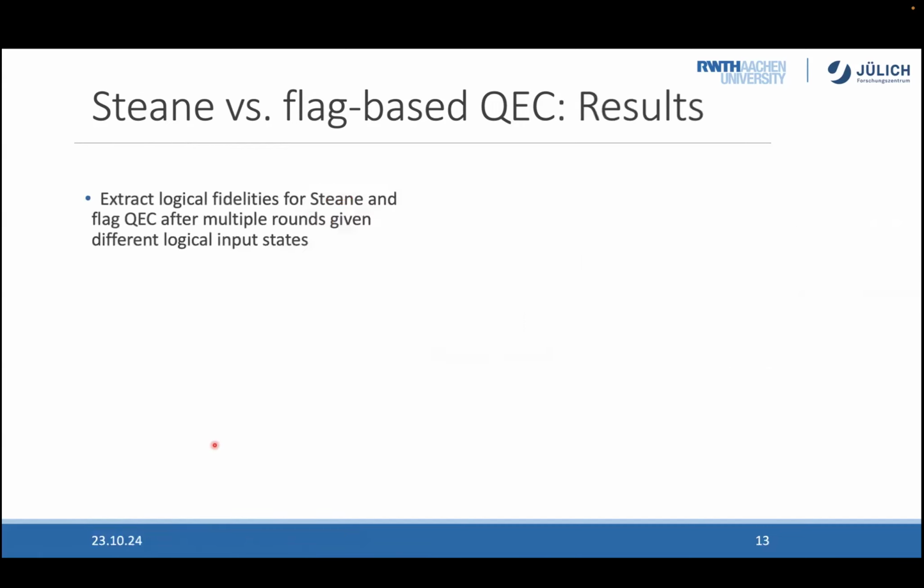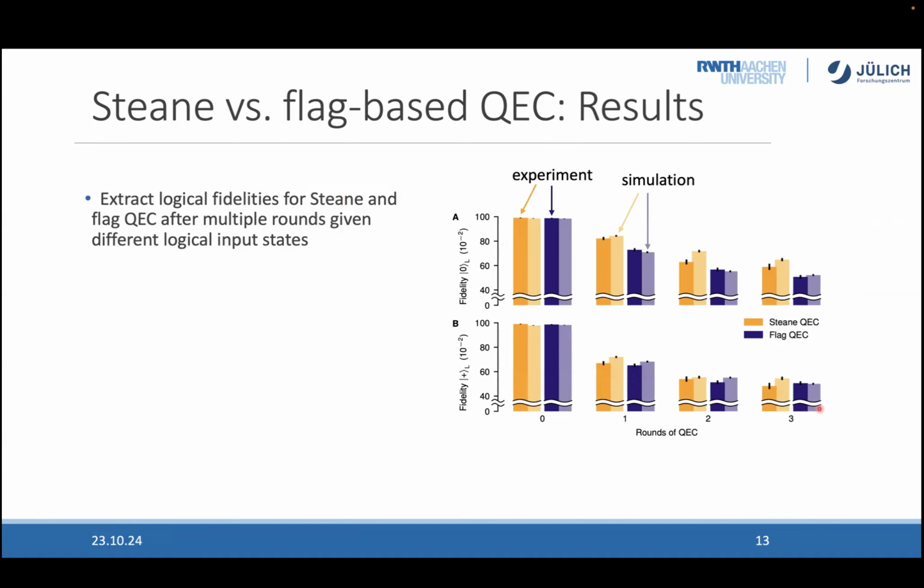So we again implemented both of these schemes, performed experiment and simulation, and then extracted the logical fidelities for multiple rounds of error correction given different logical input states, as shown here. The upper plot shows the fidelities for the logical 0 state, and the lower one for the logical plus state, up to 3 rounds of error correction for Steane quantum error correction and flag-based quantum error correction.